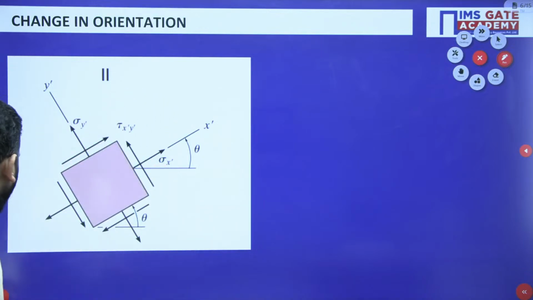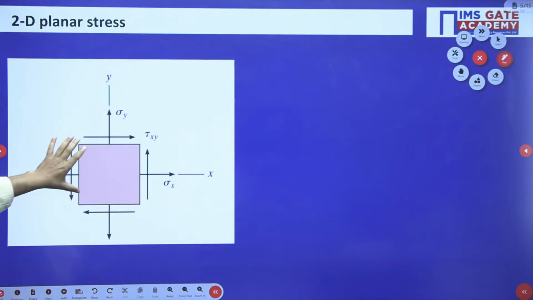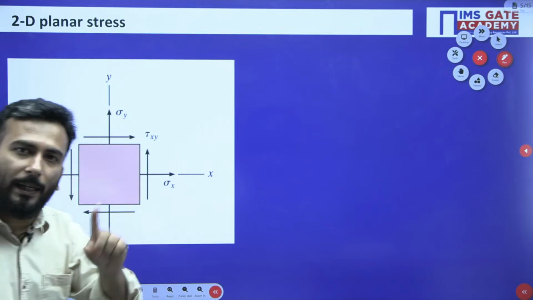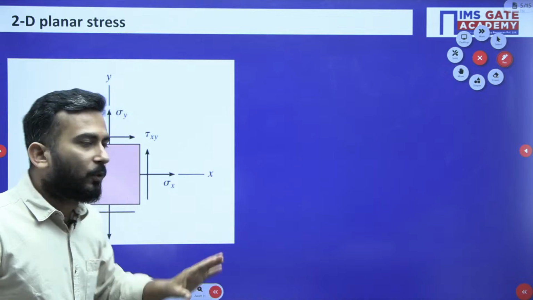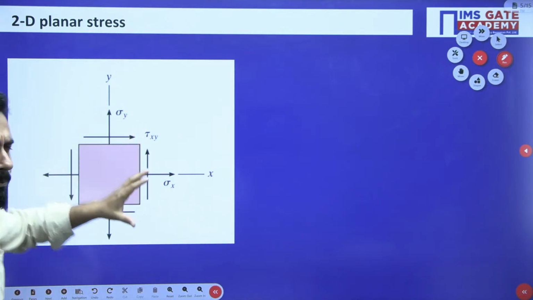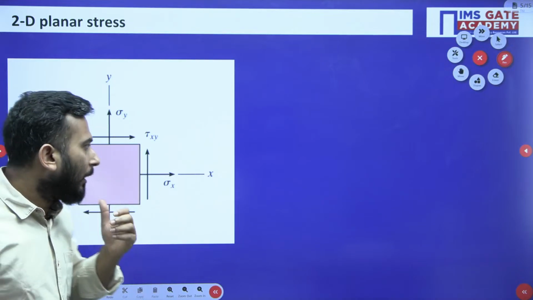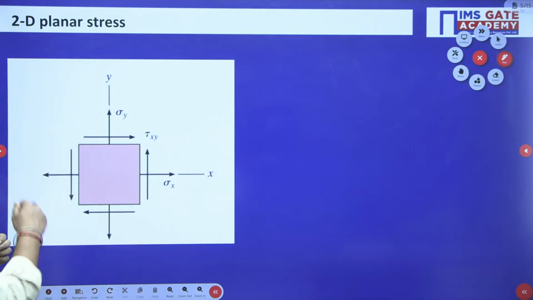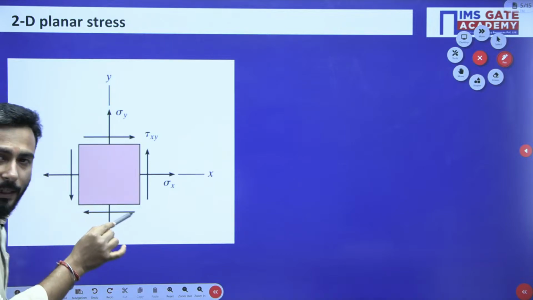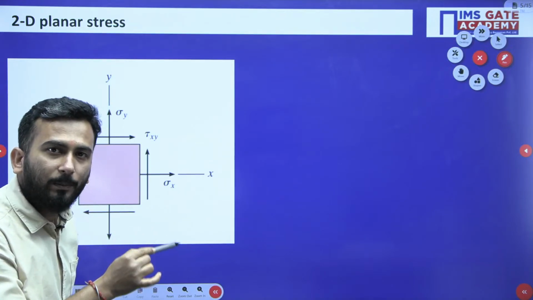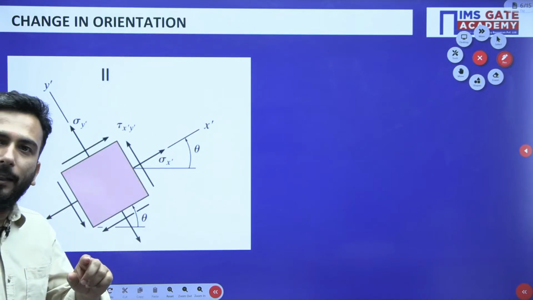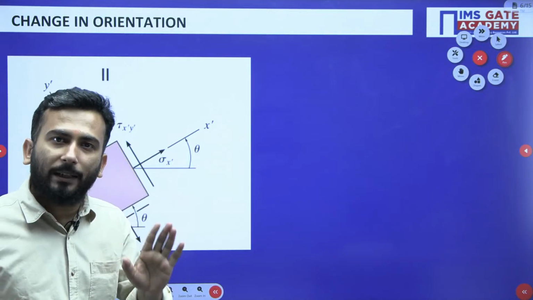For example, if this is one plane stress condition, how many stresses are you seeing? Sigma x, sigma y, tau xy. If I change the orientation of this plane stress condition in this way, sigma x will be changed to sigma x dash.